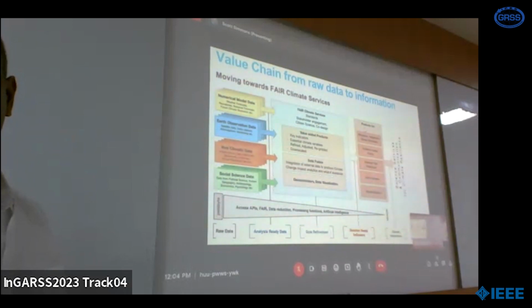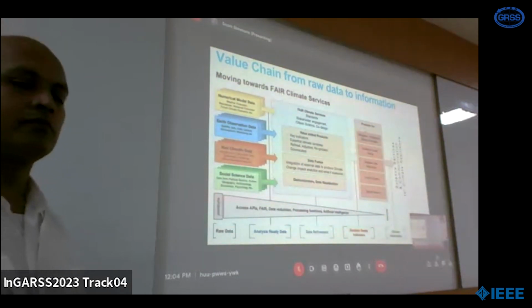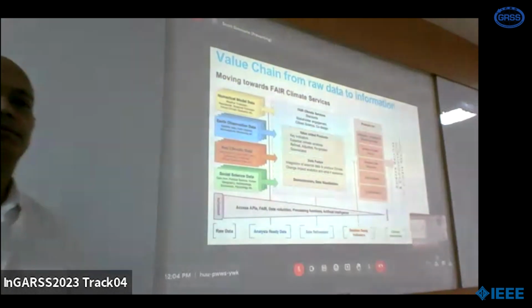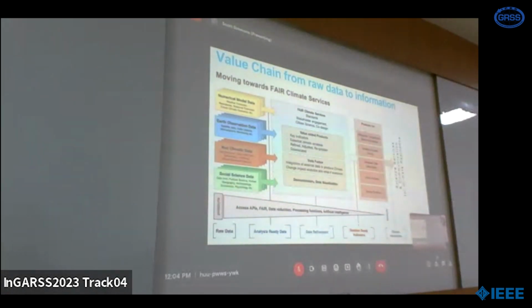How do we then enable that data for analysis within the context? So if we're looking at climate studies, we need to take those data and make them ready for analysis in the context of climate information. That may not be the same for climate resilience as we would use for other analyses against the same data.